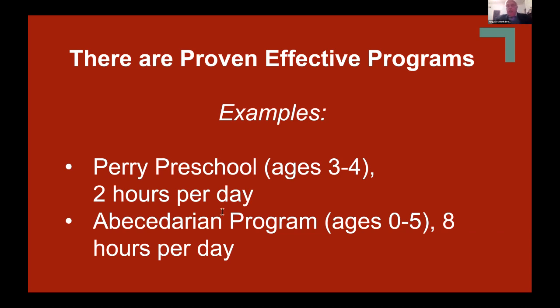The Abecedarian program was a program 10 years later, and this was longer, more intensive, 8 hours a day, and children were starting much earlier, age 0, really, just after they were born, and stayed in this program until age 5. And so let me talk about what the consequences were of these programs.